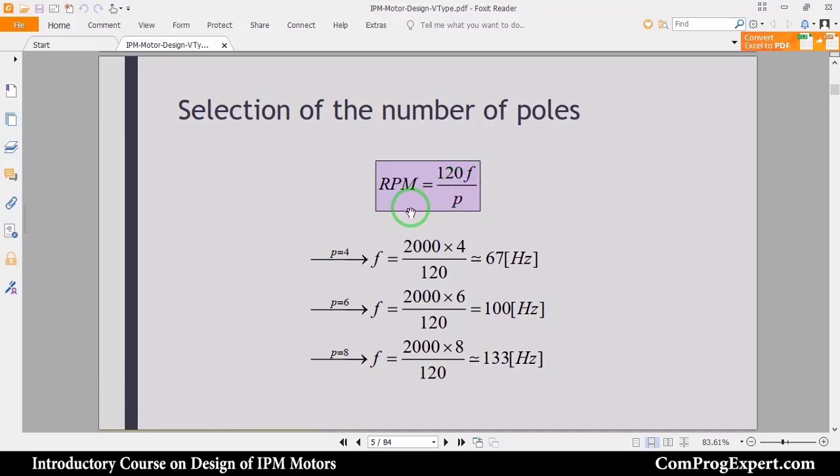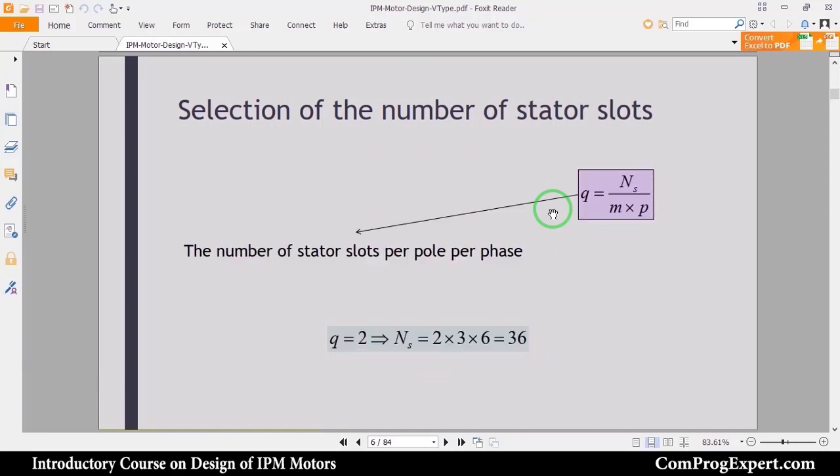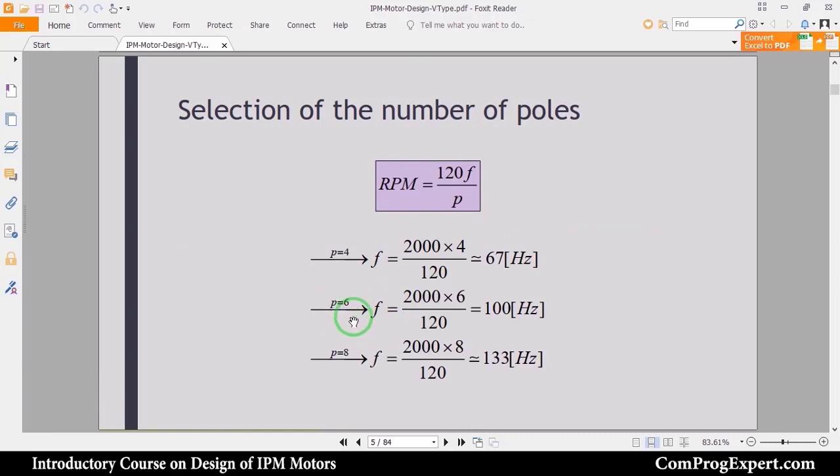In some applications, the motor RPM can be equal to, for example, 20 kilo RPM. So we cannot increase the number of poles because we have a limitation on supply frequency. The best number for the number of poles is calculated considering your objective function.